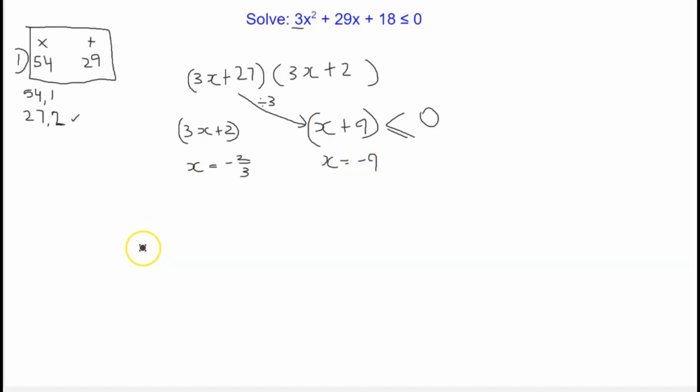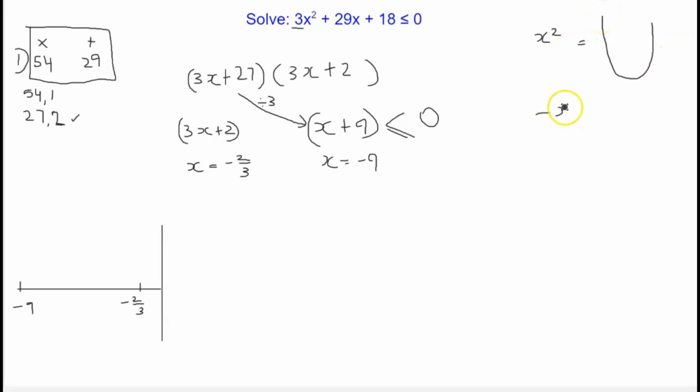So if we draw this graph, because this is a quadratic graph, and this is telling us the x-intercepts of that graph. So if I draw this, minus 2/3 and minus 9, this is telling us where our x squared graph is going to intersect. So x squared graphs look like this, minus x squared graphs look like this.